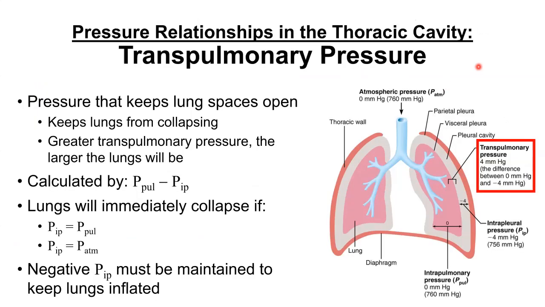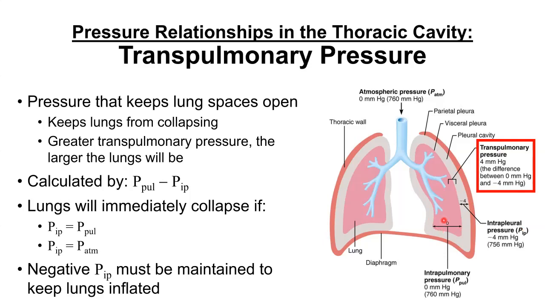Finally is transpulmonary pressure, and transpulmonary pressure just describes the pressure that is actually keeping the lung spaces open. The bigger this transpulmonary pressure is, the larger the lungs will be. To clarify, transpulmonary pressure is just the difference between the interpleural pressure and the intrapulmonary pressure.